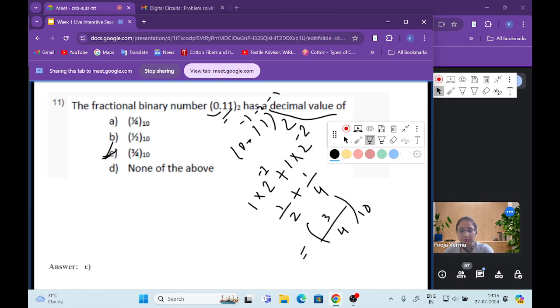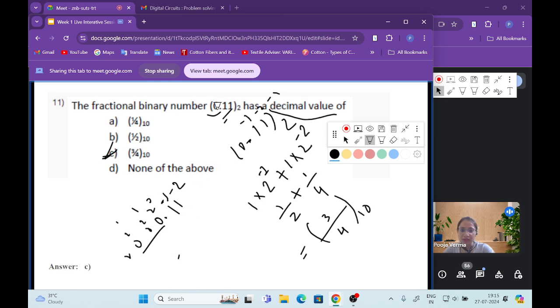I already told you that after the point, the powers are negative: for a binary number we use 2 to the power -1, 2 to the power -2, while before the point we use 2 to the power 0, 2 to the power 1.